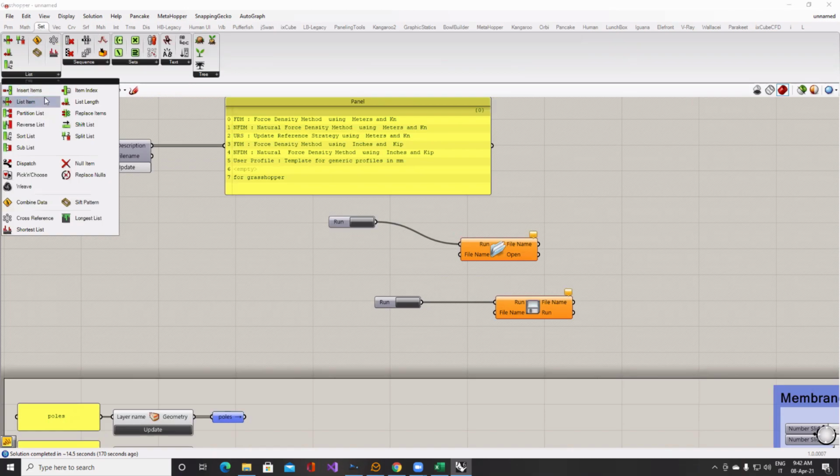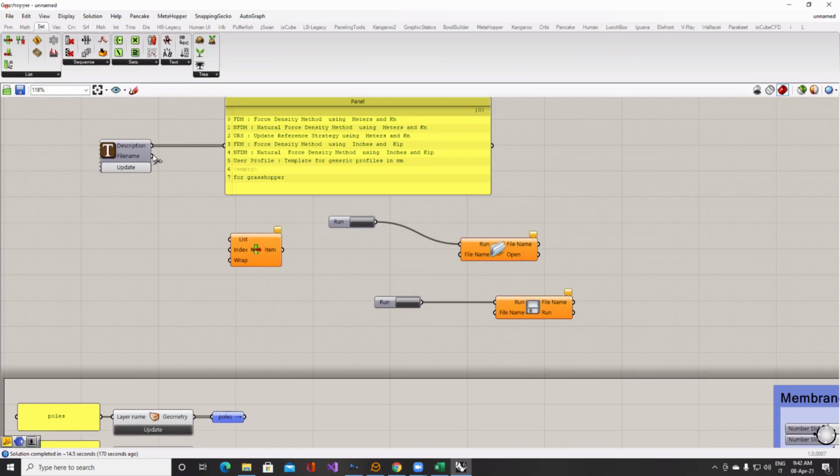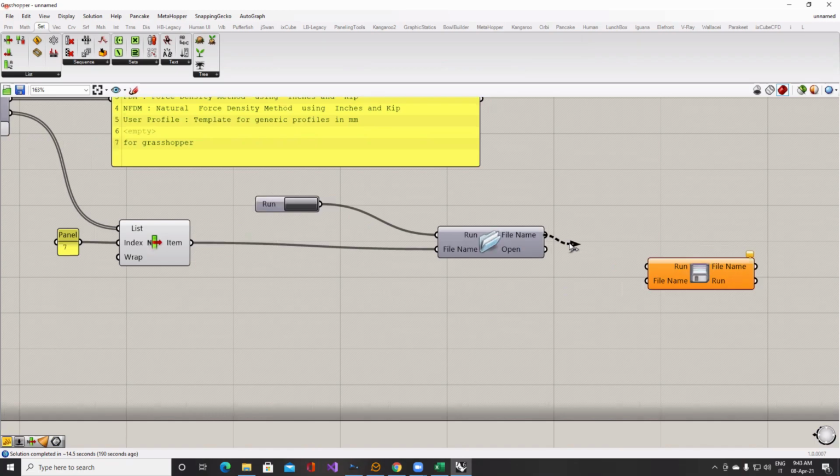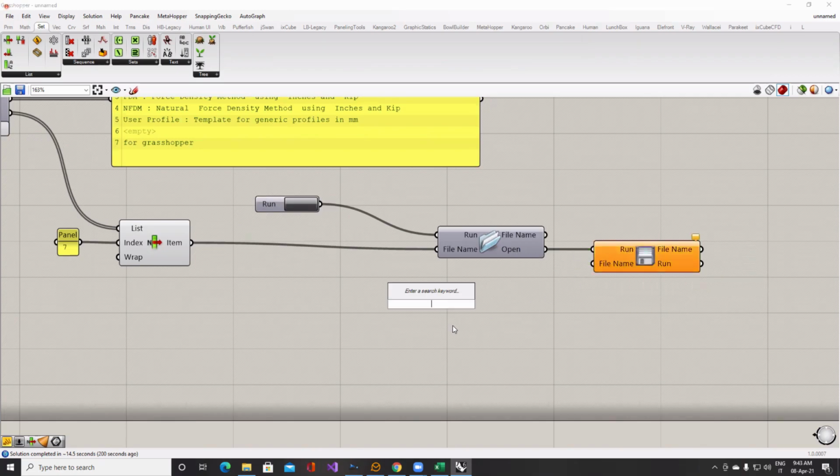So I use the list item, the file name of template number 7. So this is the file name of my template, and I want to open it. Then, as soon as I open the template, I want to save it. So I connect the open event with the save.